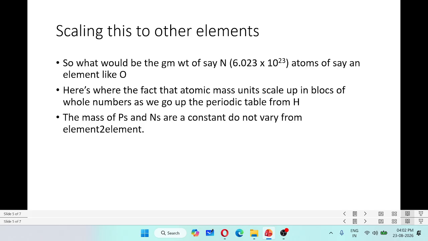Atomic mass units are always whole numbers, because the number of protons and neutrons is always a whole number. And secondly, the mass of each proton and neutron is the same regardless of whichever element you take. The proton or neutron in the nucleus of, let's say, beryllium will have the same mass as in oxygen, nitrogen, etc. So this is what is going to help us now.